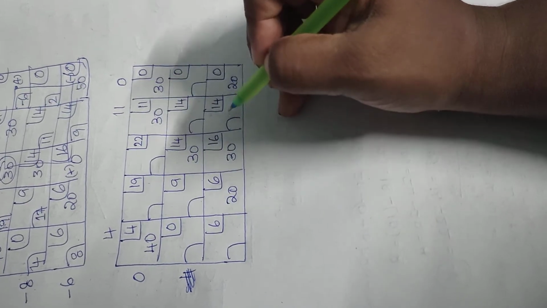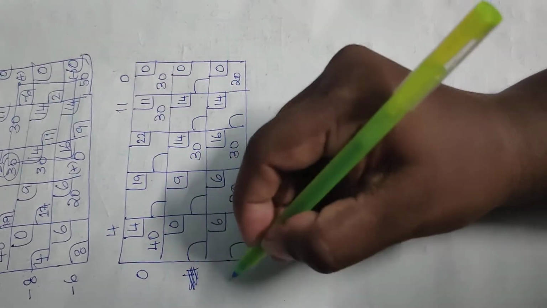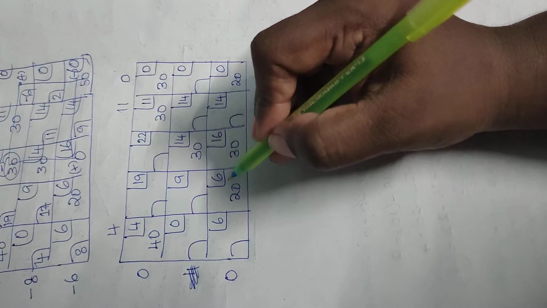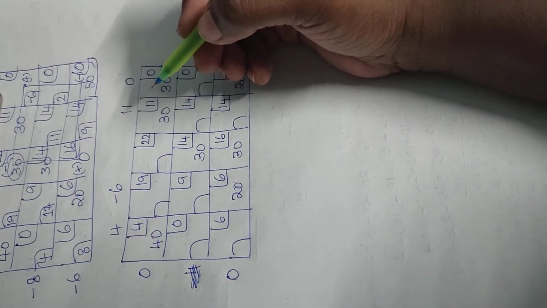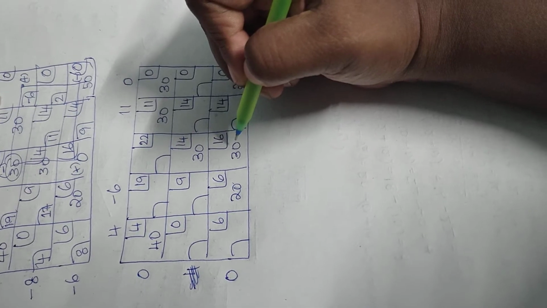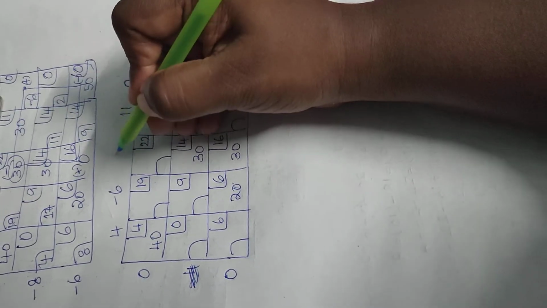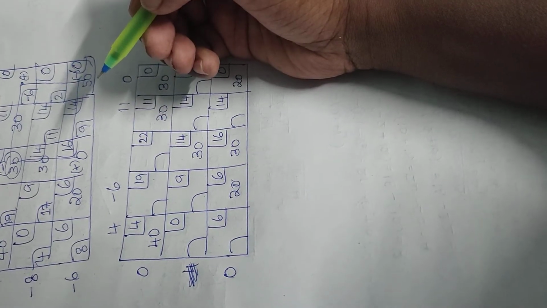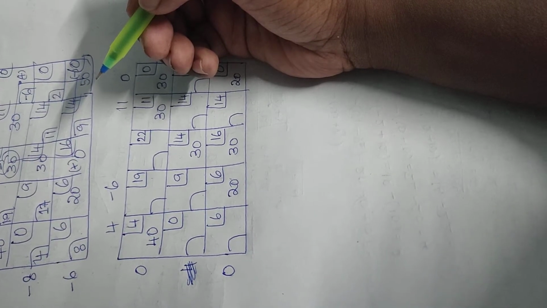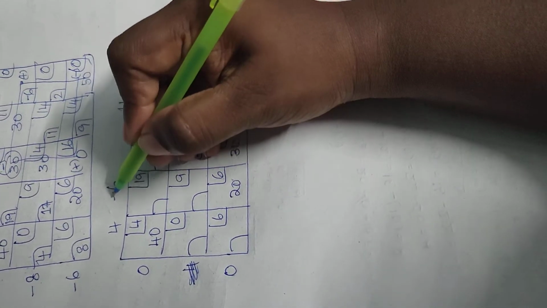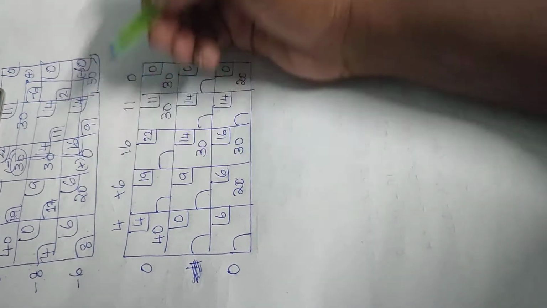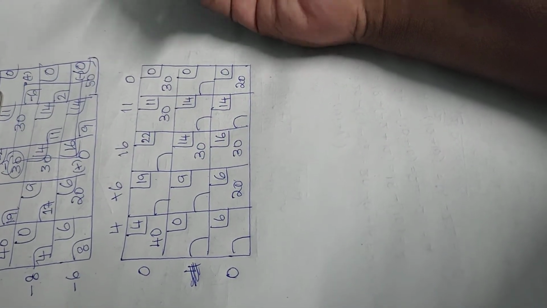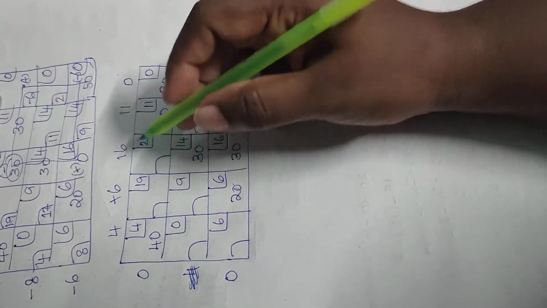So I'm coming here. 0, 0. This also becomes 0. Here you have minus 6. Okay. And here you have minus 16 plus 6, and you have 16 here. Okay, so this makes it 14 minus 2.